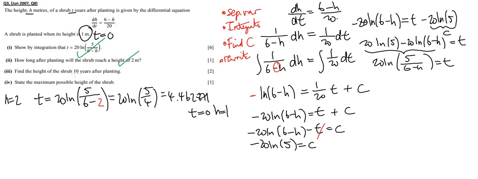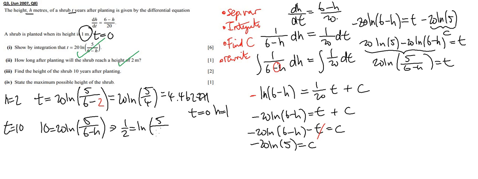Part 3, find the height of the shrub 10 years after planting. Again, this time we're given that t equals 10. So 10 is equal to 20 ln of 5 over (6 minus h), and it's h that we want this time. Let's divide by 20, so 1/2 is equal to ln of 5 over (6 minus h).